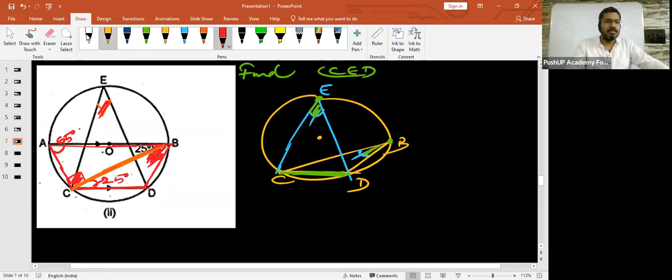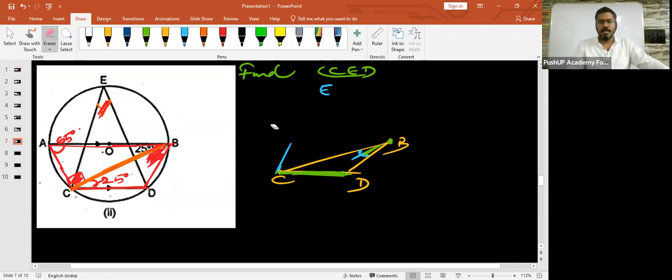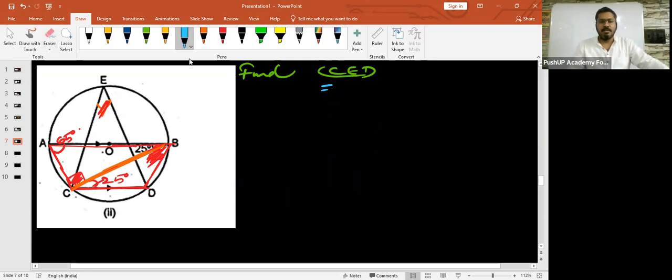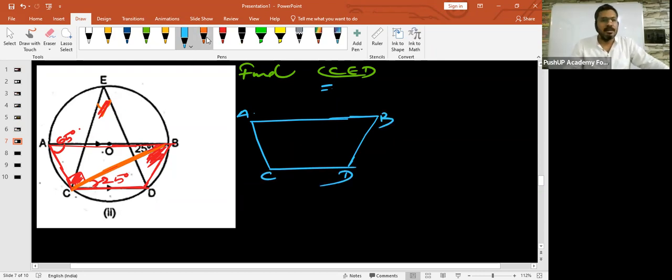You know how? Children, for that also I will draw a figure. This is a quadrilateral. Which one? ACDB. Now for this quadrilateral, can I name it as cyclic quadrilateral?